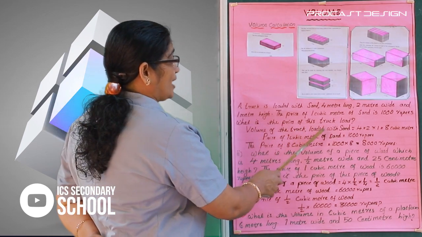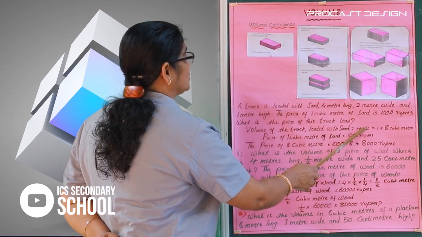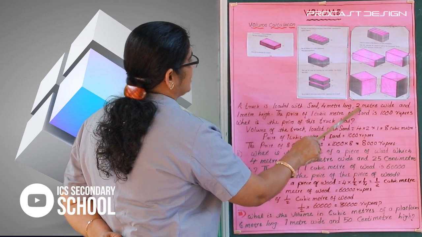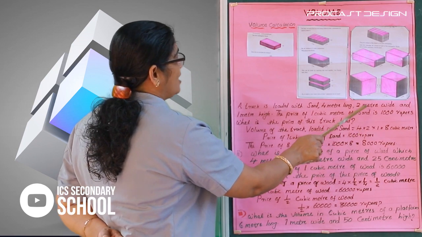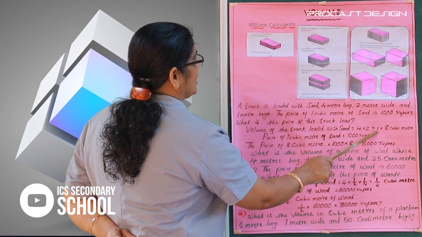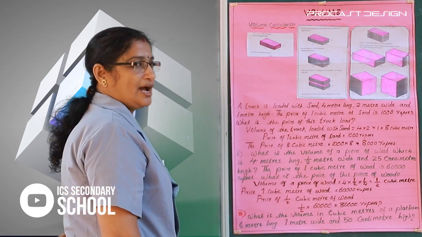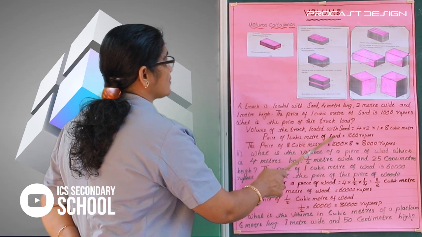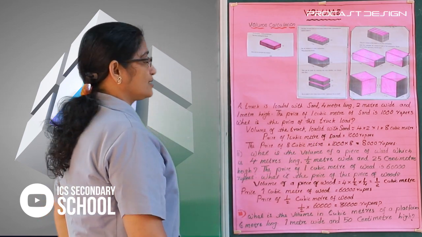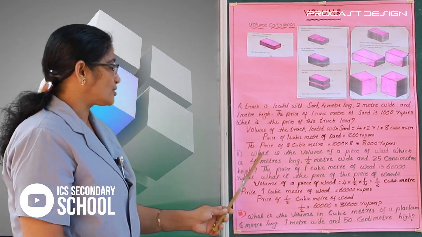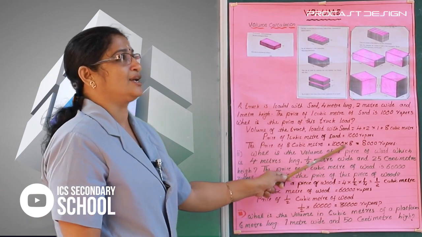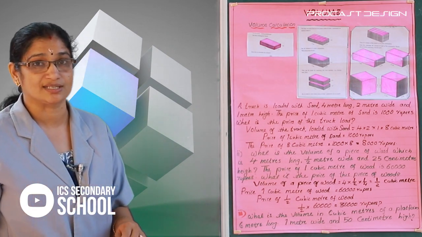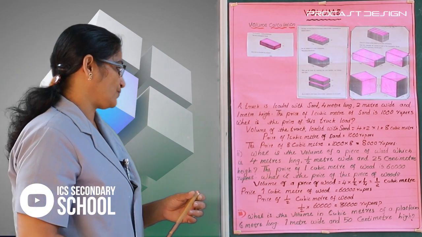Volume of the truck load of sand: 4 is the length, 2 meter is the breadth, 1 meter is the height; 4 into 2 into 1 is 8 cubic meter. Price of 1 cubic meter of sand is 1000 rupees. The price of 8 cubic meter is 1000 into 8, 8000 rupees.